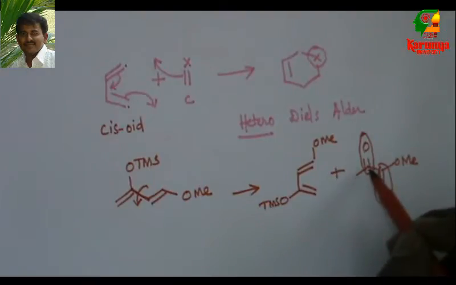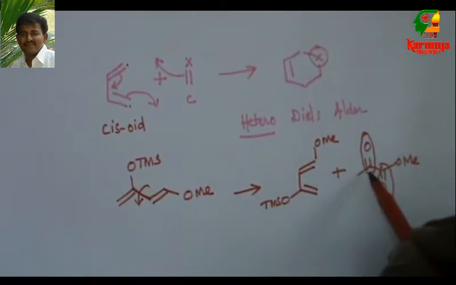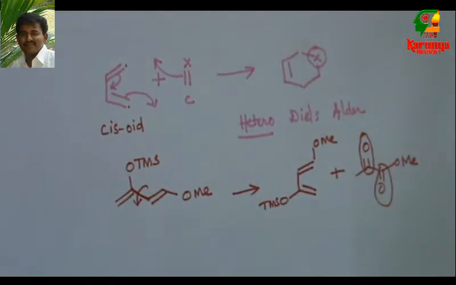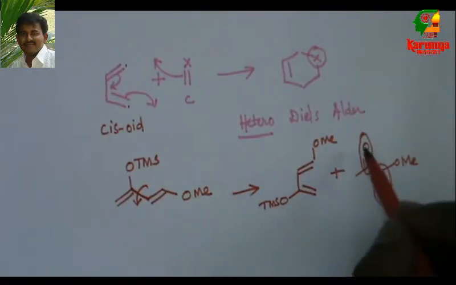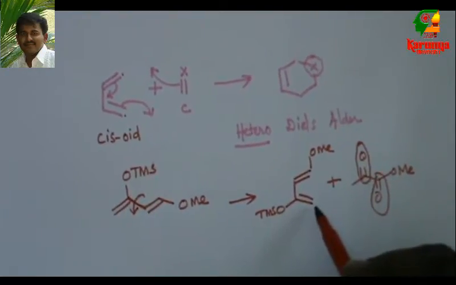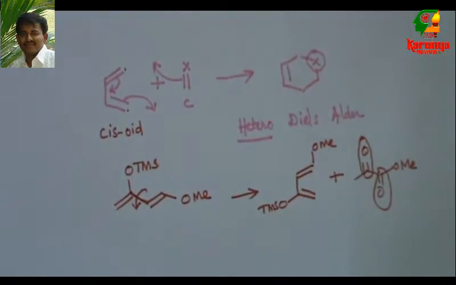So this can be easily attacked by a nucleophile. So this carbonyl group undergoes Diels-Alder reaction, not the ester group. Now the question is the regioselectivity, whether the oxygen will add to this carbon or this carbon. So that is regiochemistry.